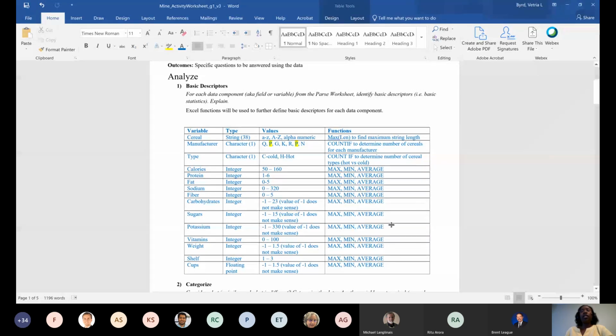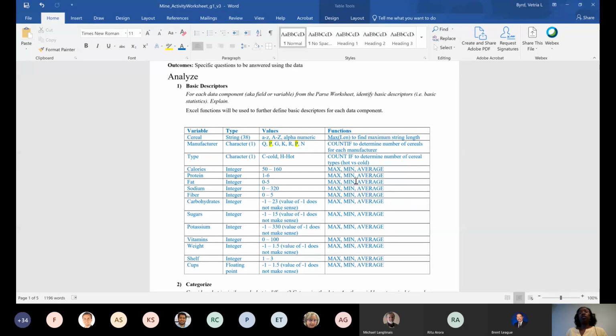But this is a way to think about what I want to be able to know about this data set, or what this data can tell me right now. If I was to give this to a student right now, this would give them a starting point to say, this is where I want you to start looking. These are the different types of functions, the different things that you can do to look at these variables as a starting point.